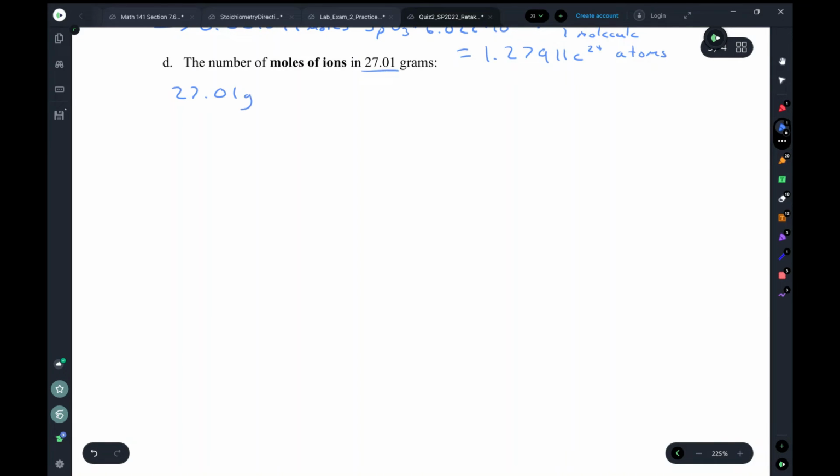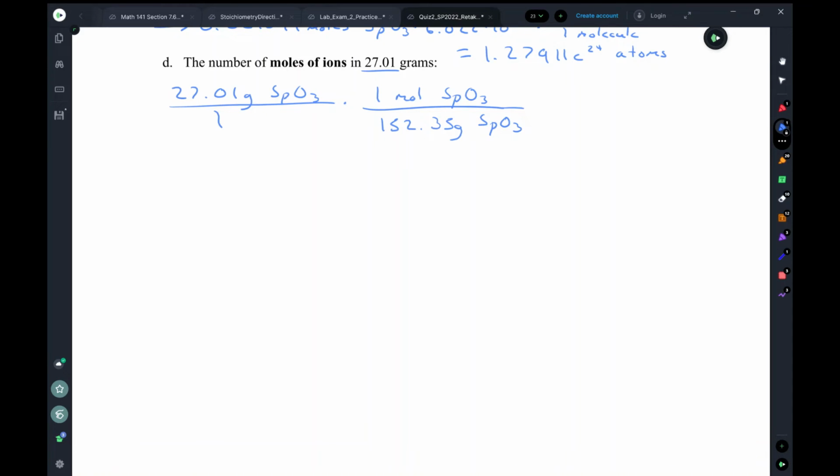27.0 grams SpO3 over 1 times 1 mole of SpO3, and we'll simply times it by the amount of ions.